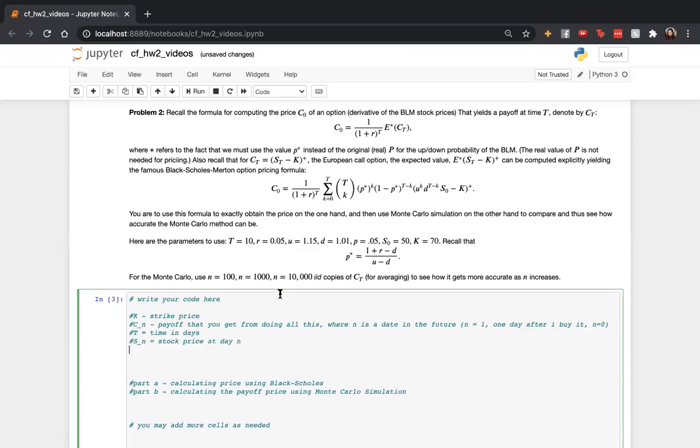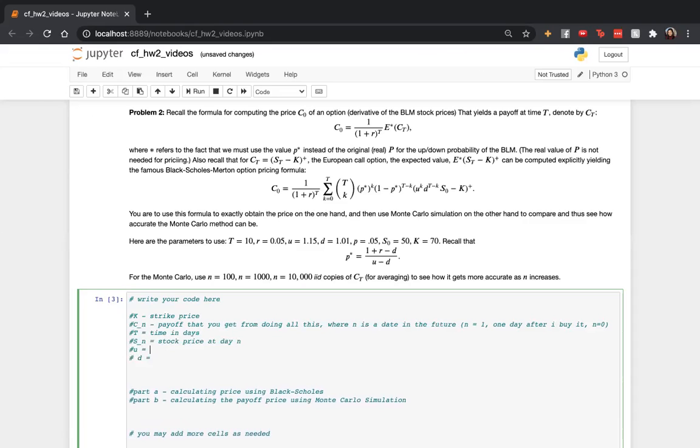Another thing to note is that we also have U's and D's. We have a U value and a D value. These two values are pretty similar, with the exception that U is the factor we would multiply S by if the stock went up, and D is the factor we would multiply S by if the stock went down.